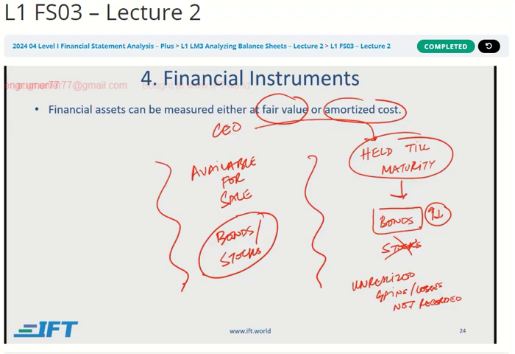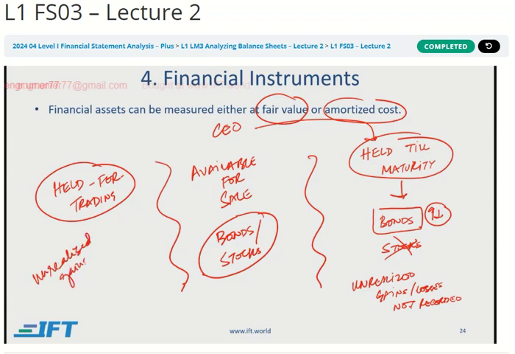If you want to sell them within 90 days, that is called held for trading. So when you are buying a certain stock or a certain bond, if you have the intention that you can sell it immediately within 90 days of buying, then the unrealized gains and losses, which means the volatility of the price movement of this stock or bond, whatever you have bought, is not only going to be recorded, it is going to impact your income statement, which means it will impact your earnings per share.